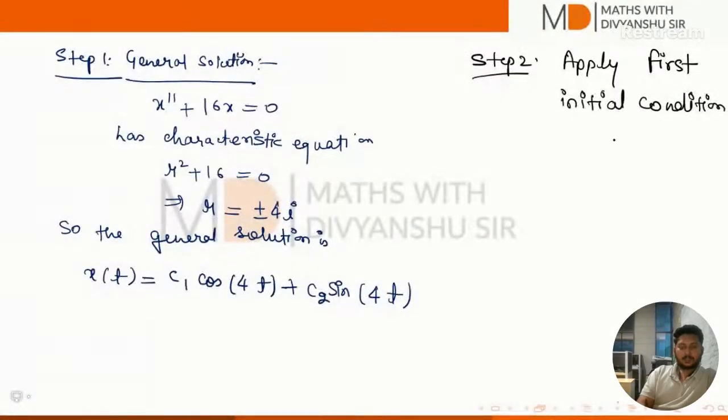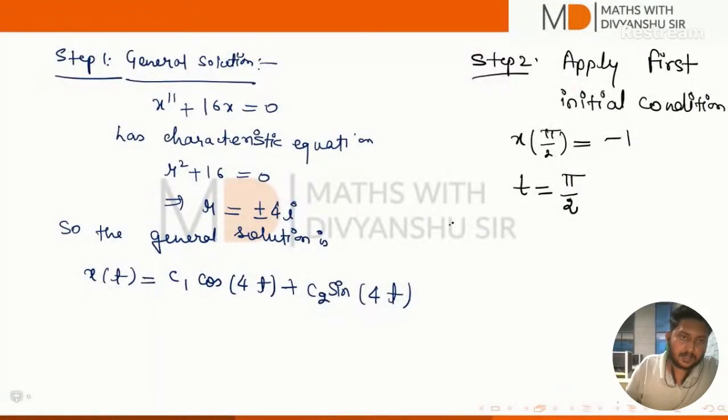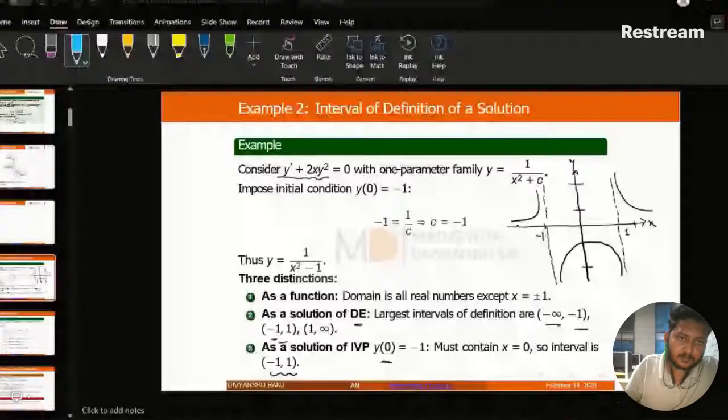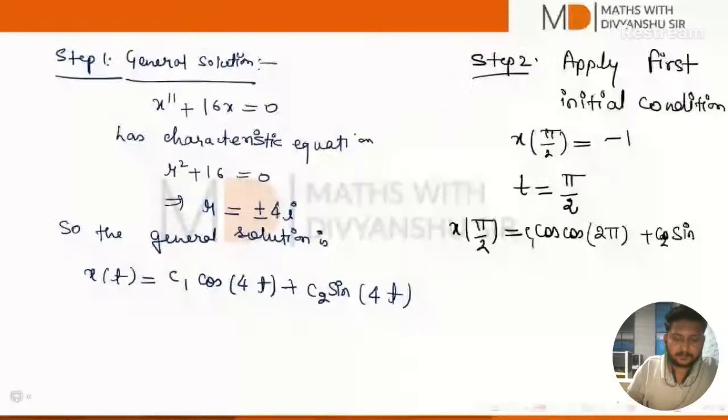Here your initial condition is like this: x(pi/2) is equal to -2. So substitute t equal to pi by 2 here. So x(pi/2) is c1 cos 2 pi plus c2 sin 2 pi.